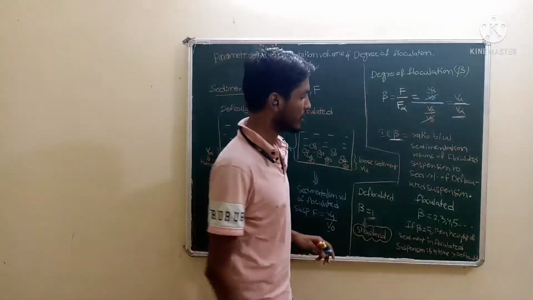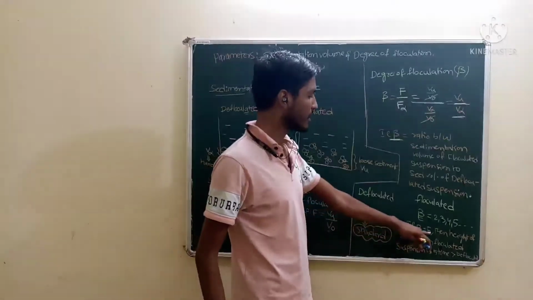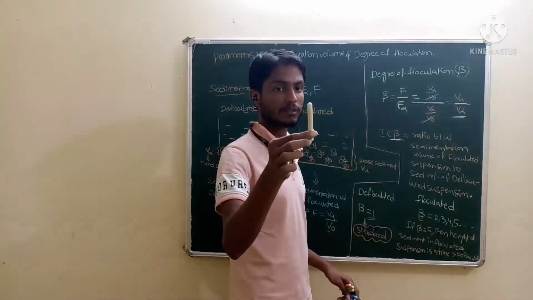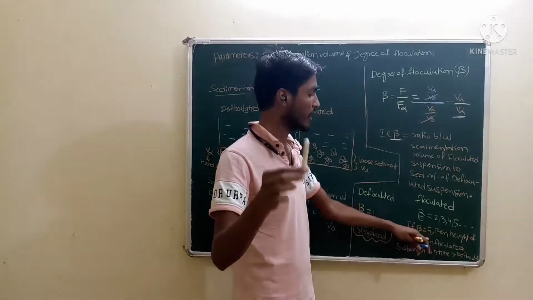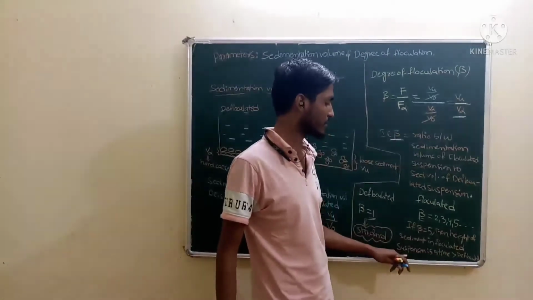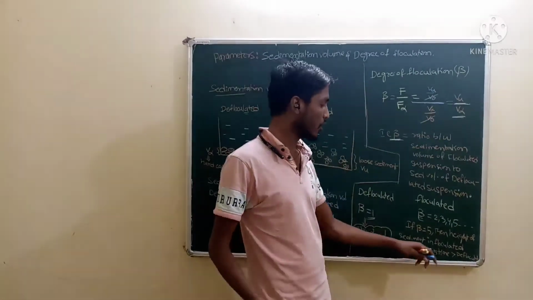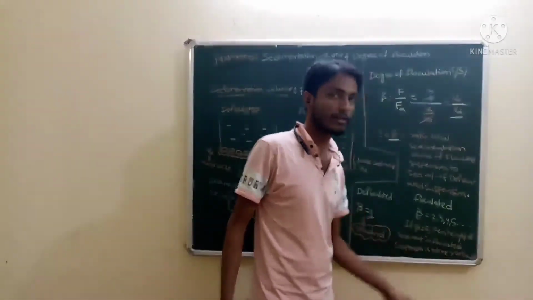For example, if the beta value for the given suspension is 5, then it indicates the height of sediment in the flocculated suspension is 5 times more than deflocculated.